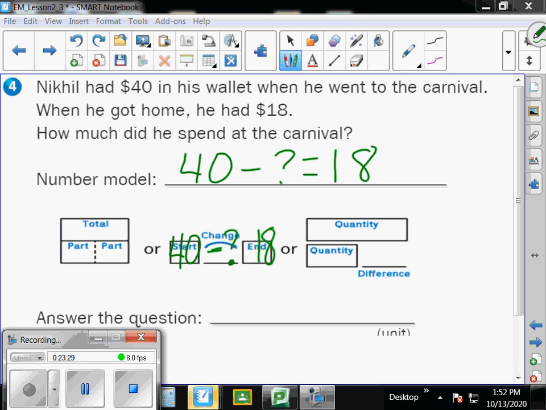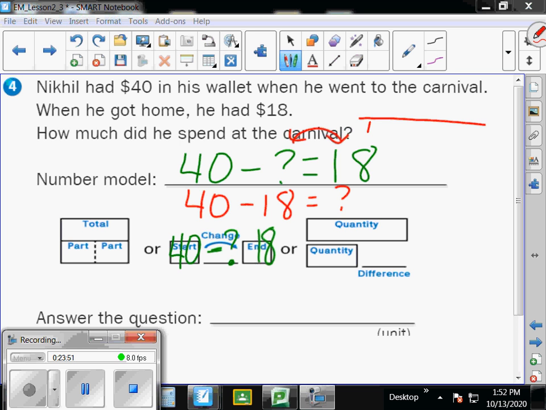All right, again, oh my goodness, subtraction is hard enough, but let alone when I don't even know what I'm supposed to be subtracting. So go ahead and switch these numbers around if you want to. 40 minus 18 equals question mark. That is okay to do. It's a fact family. All right, now I'm just going to go ahead and use my open number line.